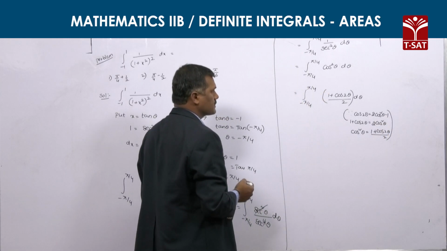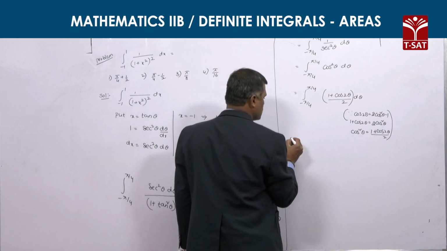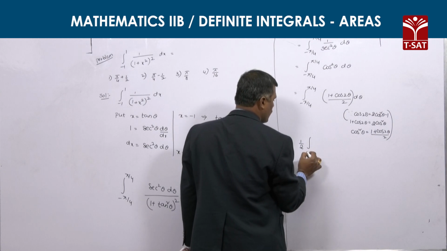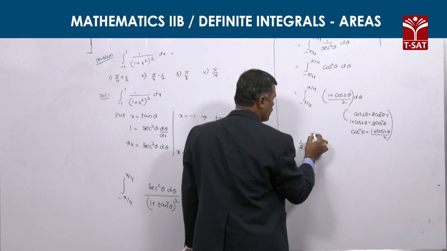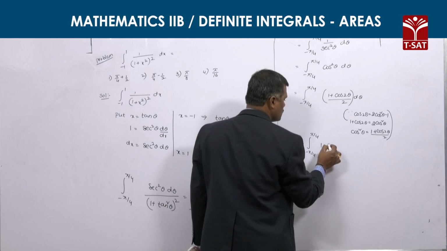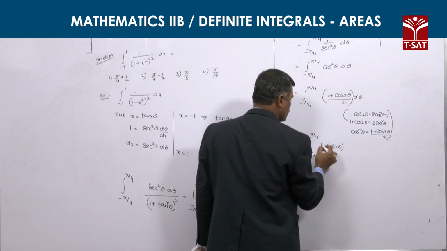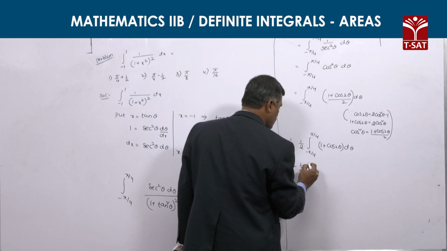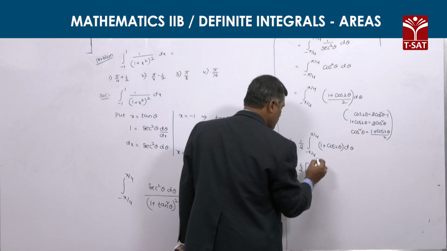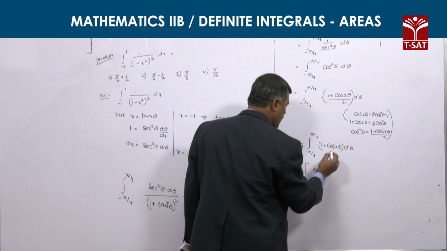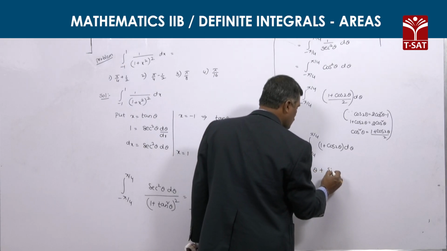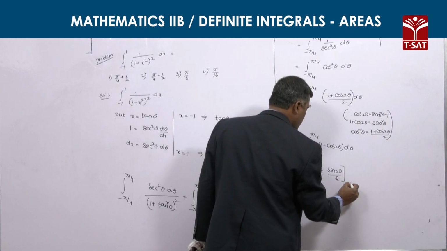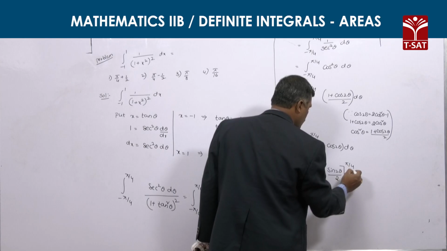So instead of cos square theta, put 1 plus cos 2 theta by 2. Taking 1 by 2 as a constant, the integral from minus pi by 4 to pi by 4 of 1 plus cos 2 theta d theta is equal to 1 by 2 into the integral of d theta, which is theta, plus the integral of cos 2 theta, which is sin 2 theta by 2, with lower limit minus pi by 4 and upper limit pi by 4.